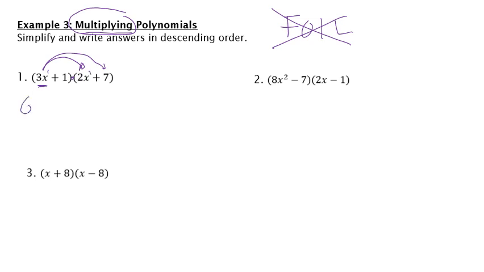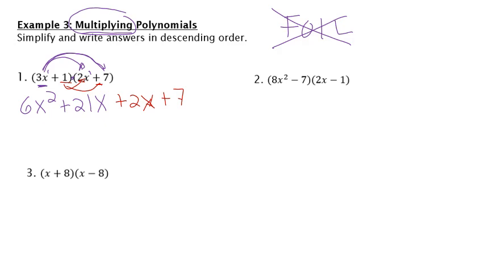And we end up with 6x to the second. And then I'm going to distribute a 3x to the 7. So 3 times 7 is 21. We got 21x. And then now I'm going to take this 1 and distribute it to everything in that second parenthesis. So 1 times 2 is 2, so 2x. 1 times 7 is 7.